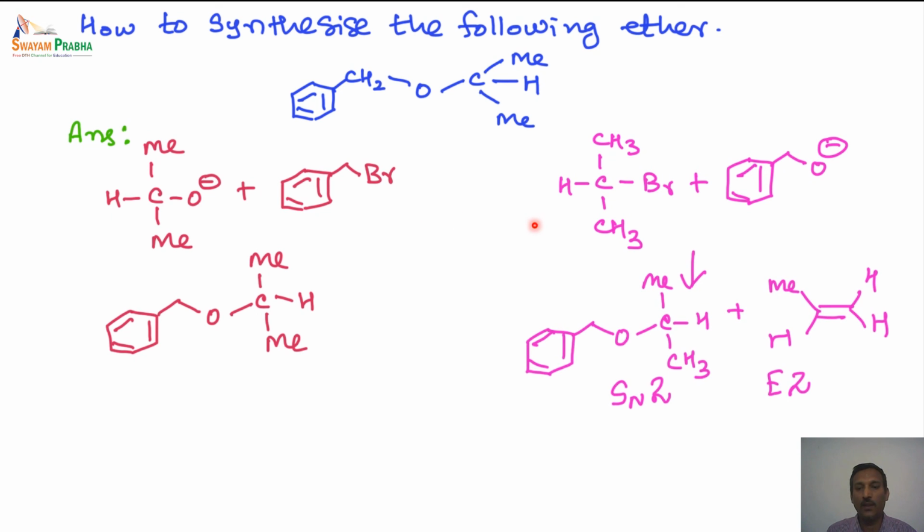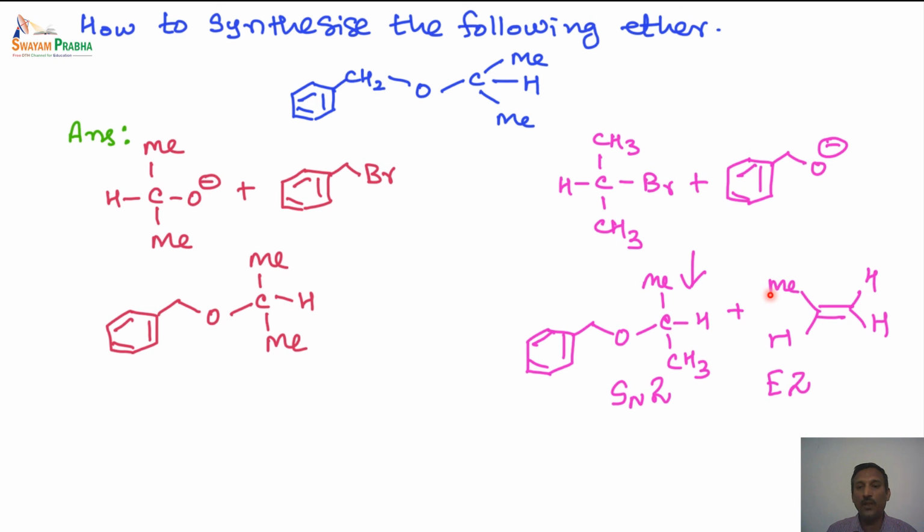If we take this particular compound, here we have an SN2 reaction which will give our required final product, but this secondary alkyl halide can also undergo elimination. So this can undergo E2 elimination to produce this particular alkene.